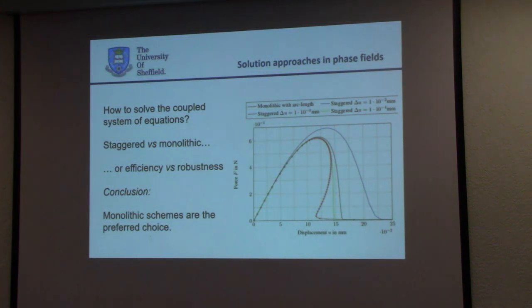Or you do it in a staggered way. Staggered way means that you first solve the displacements. The values for the displacements give you a value for the damage, the local damage, or the local phase field.